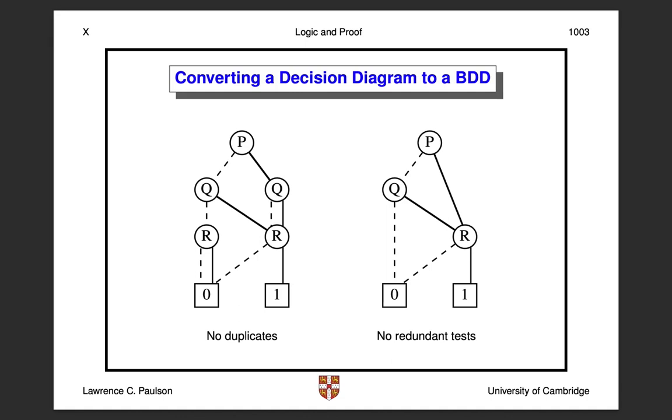They certainly didn't have that much memory in 1986, and they still don't. So the trick is to somehow convert directly from a formula into a BDD like this without going through the exponential process of making the full binary tree to begin with.